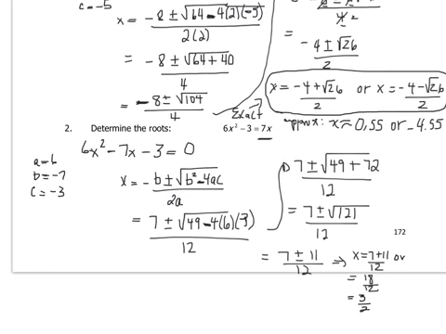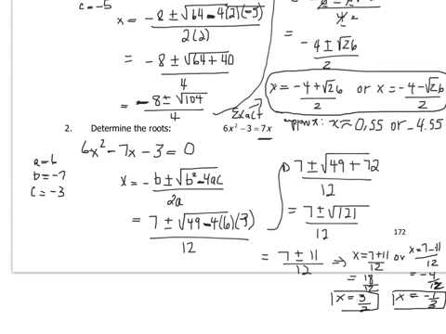Or x is 7 minus 11 over 12, which is negative 4 over 12, which reduces to negative 1 over 3. So those are your two solutions.